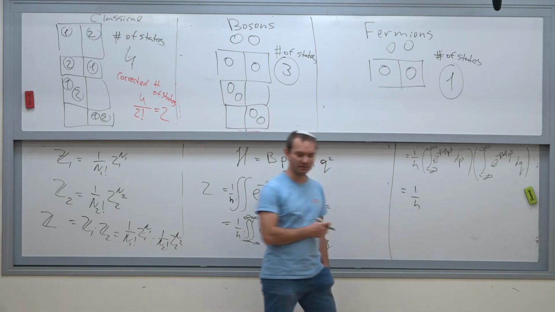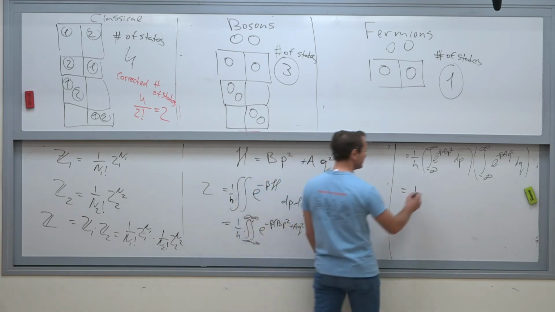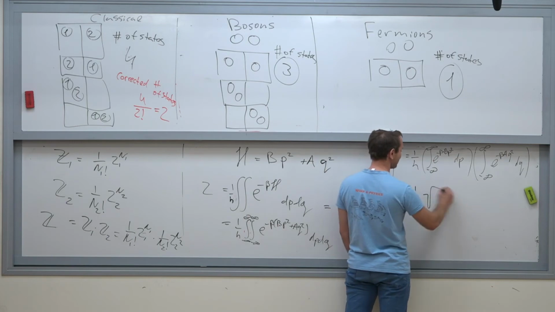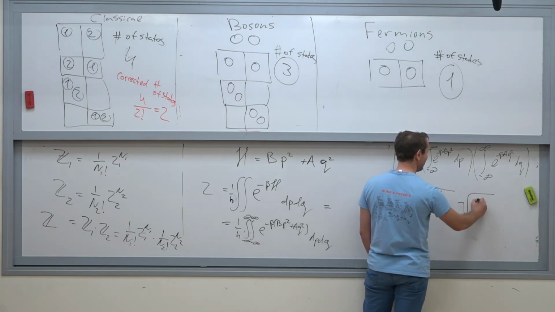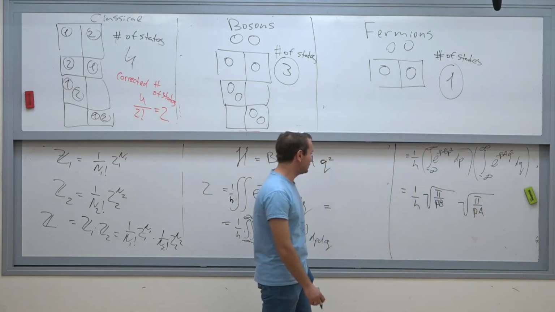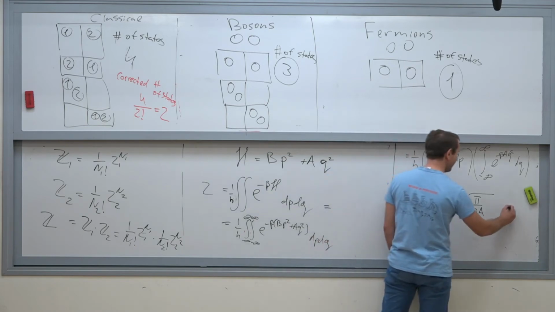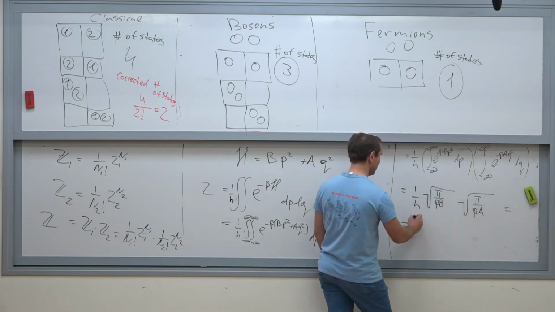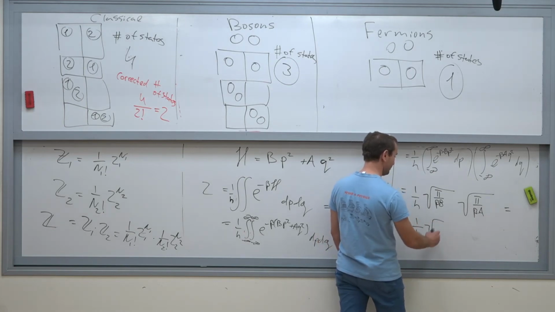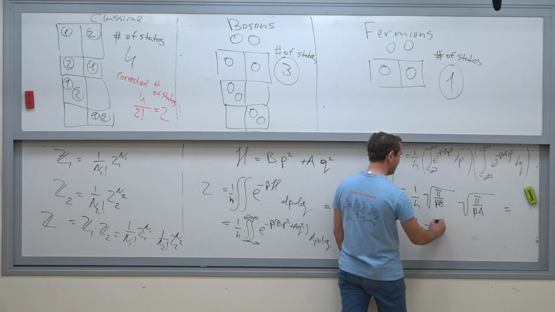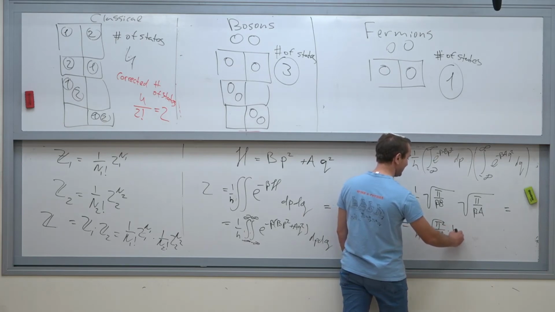We have already seen the result of the Gaussian integration. So this guy is the square root of pi divided by beta b, and this guy is the square root of pi divided by beta a. We really don't care about b and a over here. The beta contribution is important, so we have 1 over the Planck constant, pi divided by square root of ab, multiplied by k Boltzmann T.